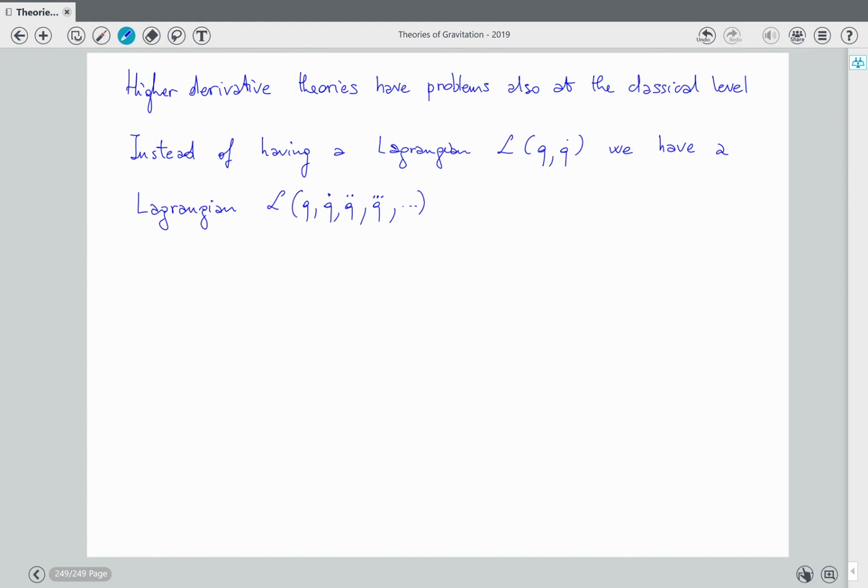And that means that you do not have a Cauchy problem, because instead of giving positions and velocities, you need to give initial conditions: positions, velocities, accelerations, and so on and so forth. You could say, but I can add variables.